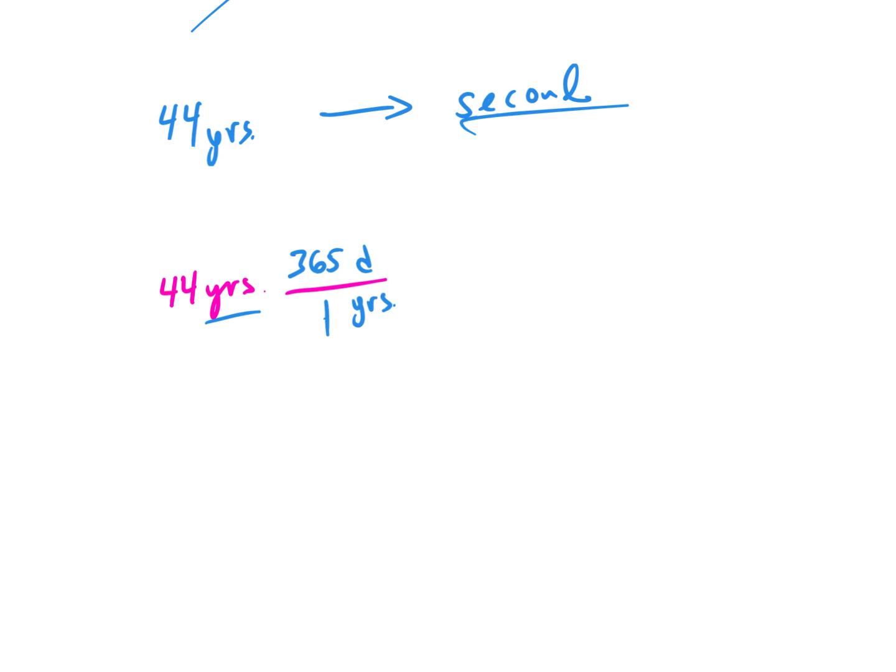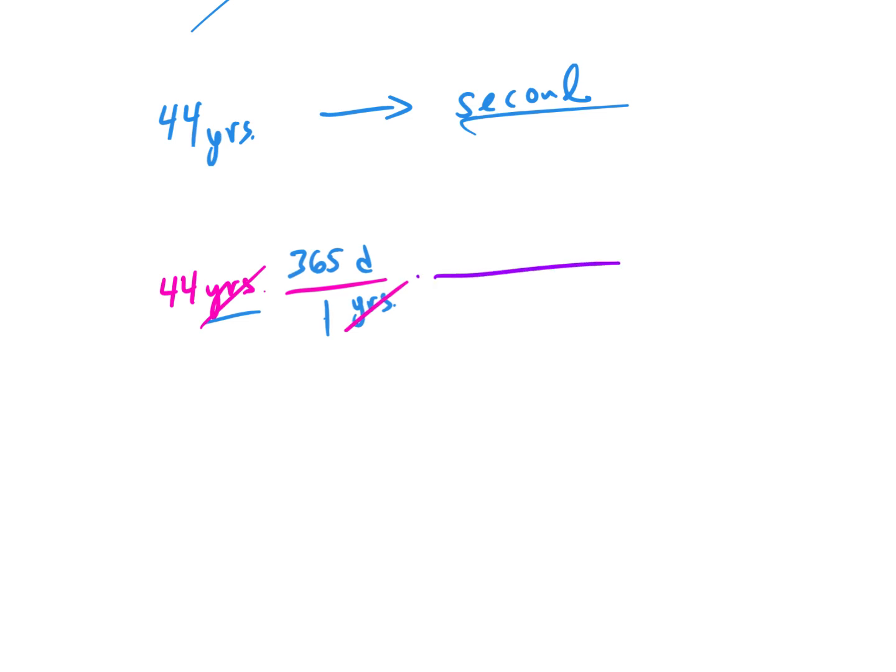And we'll neglect leap year, right? Okay, we'll just keep it simple. Now, anything cancel out yet? Years go away. Well, this tells me I'm doing it right as long as 365 days is the same as 1 year. If that's not correct, we're messing up again. You with me?